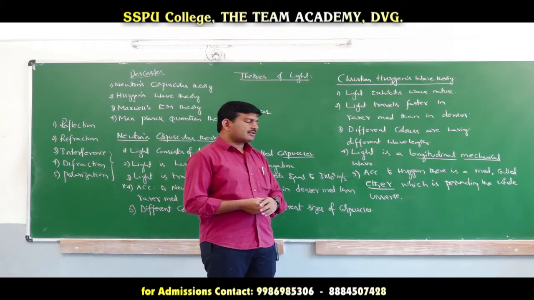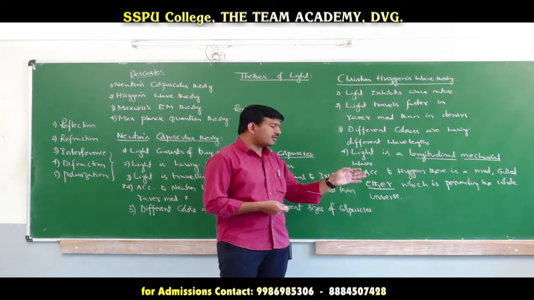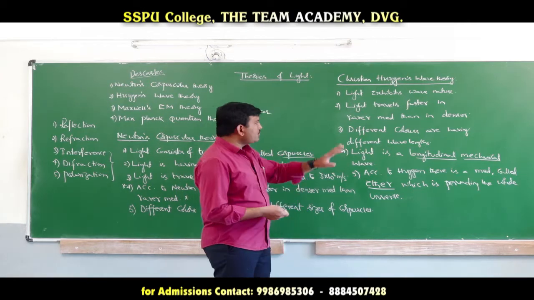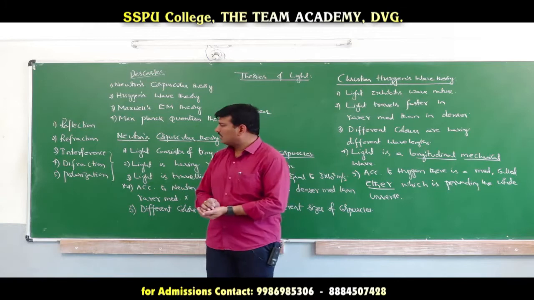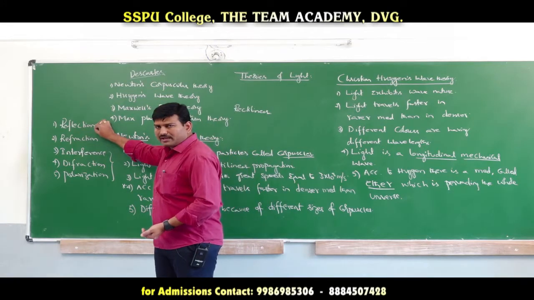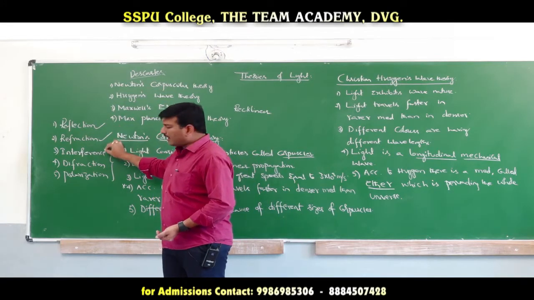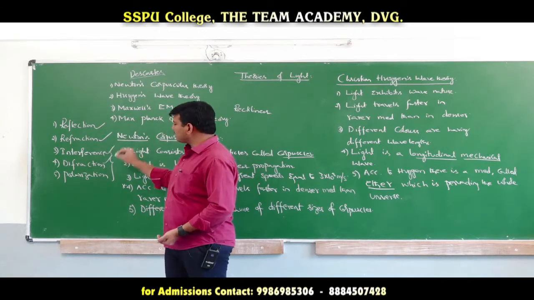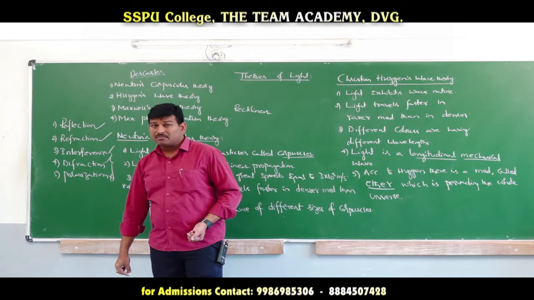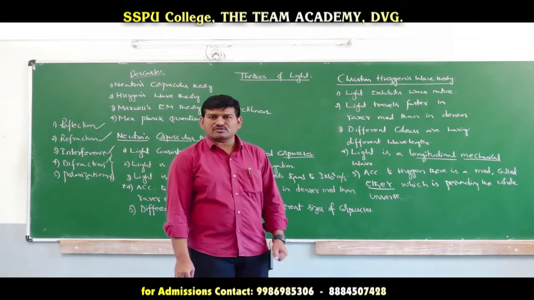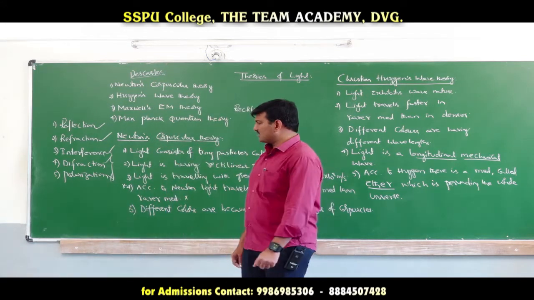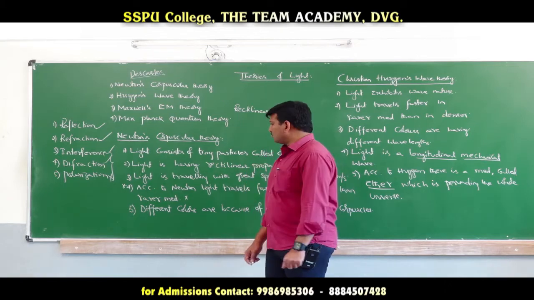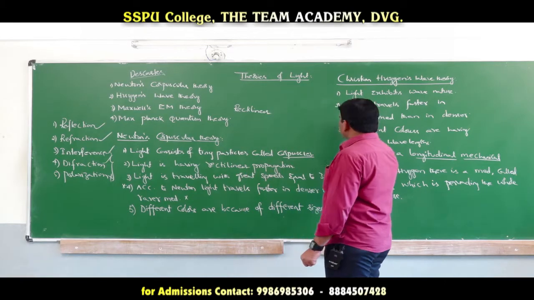According to Huygens, there is a medium called ether pervading the whole universe, and using this theory we are successful in explaining reflection, refraction, interference and diffraction. But this theory failed to explain the polarization phenomenon, because he thought light is longitudinal, but light is a transverse wave. So this is about Christiaan Huygens' wave theory.